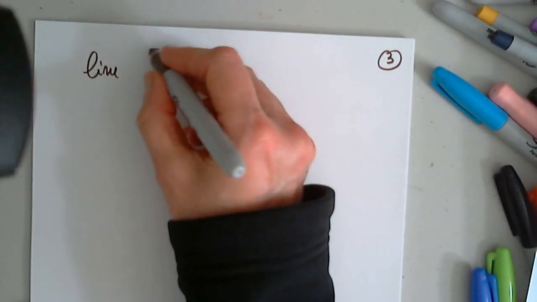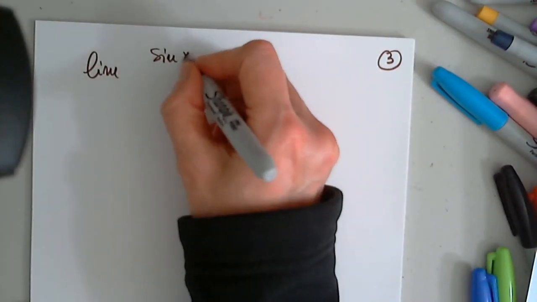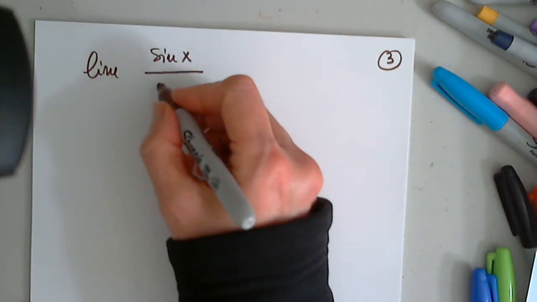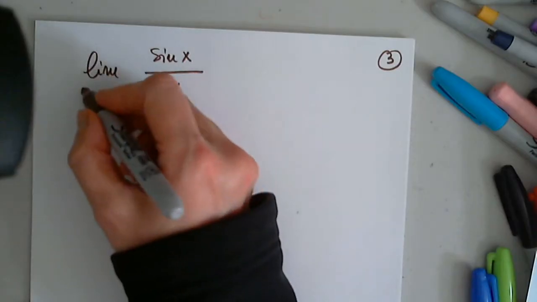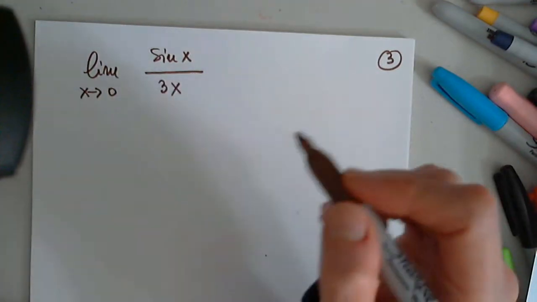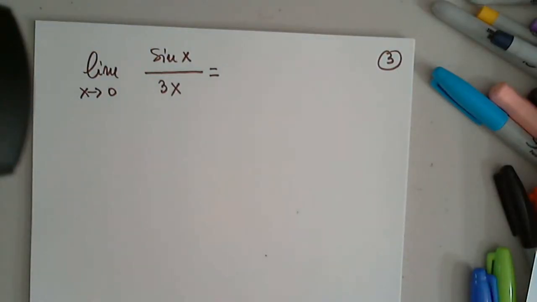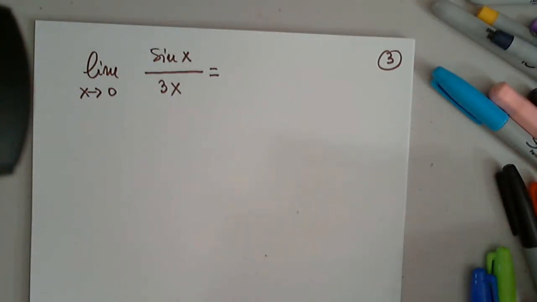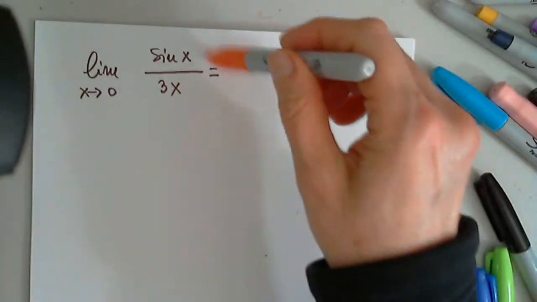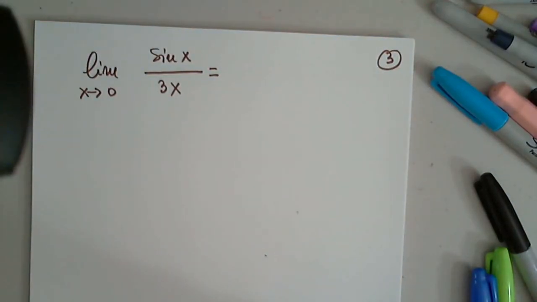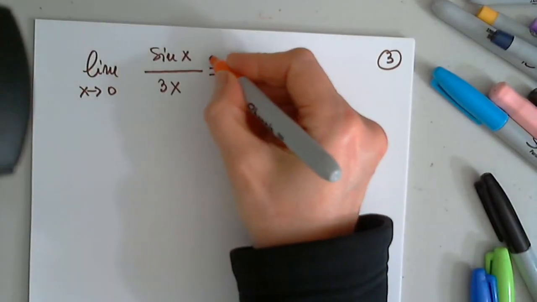Limit of sine x over 3x as x approaches 0. So like any limit, we have to see what type of indeterminate case is it. Can anyone tell us if it's one for L'Hopital's rule? It's 0 over 0, so yes. So the answer is yes.